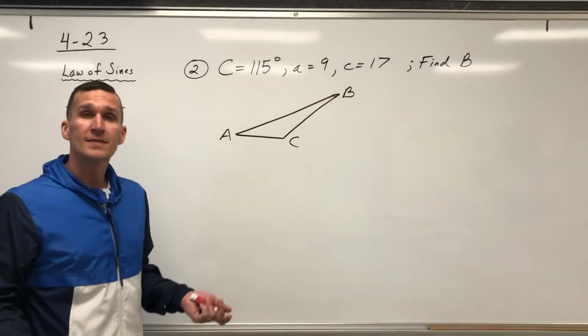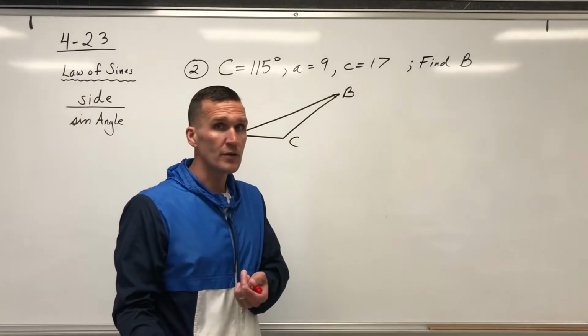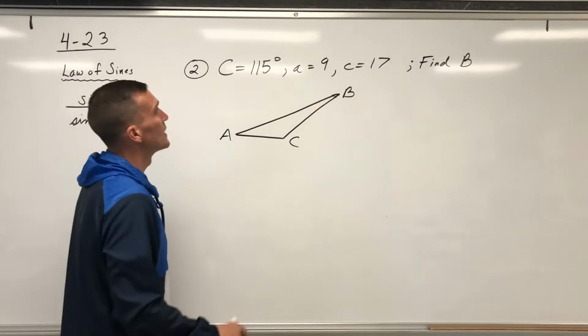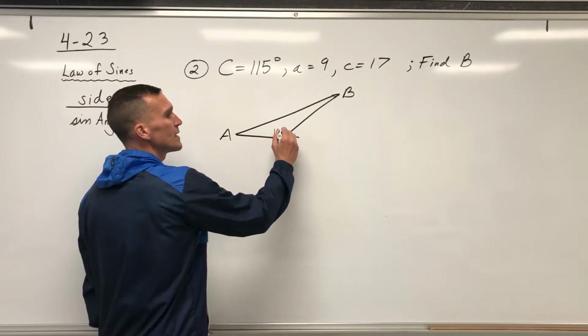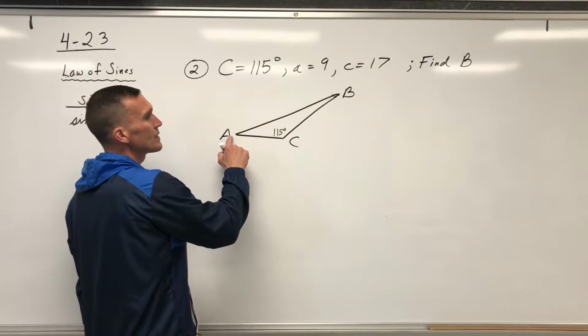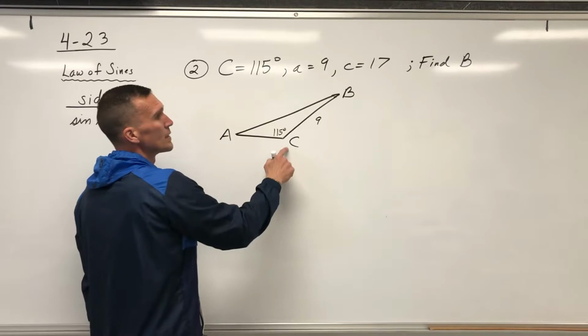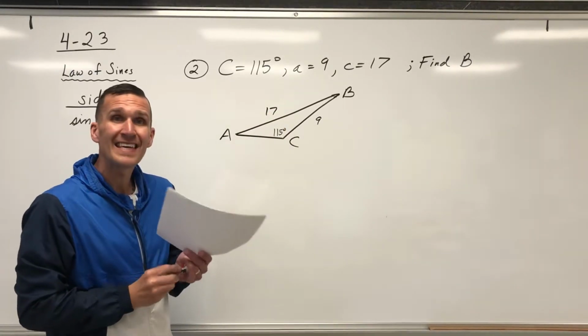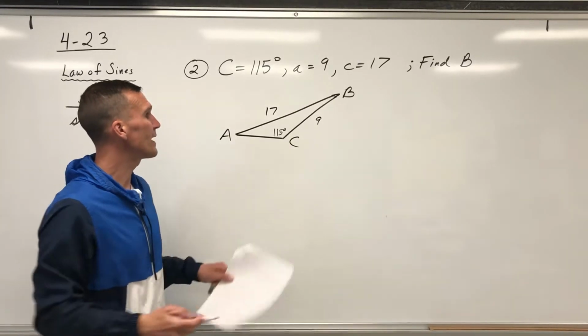Since this is not a right triangle, we can't use right triangle trig, we've got to use law of sines. And luckily, we have a combo. Because when I label my 115 degrees, little a is across from big A, 9. Little c is across from big C, 17. I do have a combo given to me. I have my C combo.